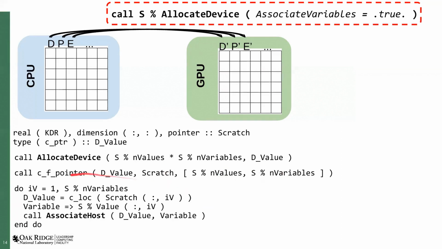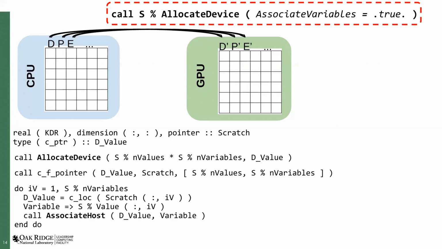And in this, we iterate over the variables, this column. We find the location in the GPU, or the GPU address, of each of these columns, and then we make the association between this address and that address, and the address on the CPU to that address. So this is the OpenMP mapping basically.